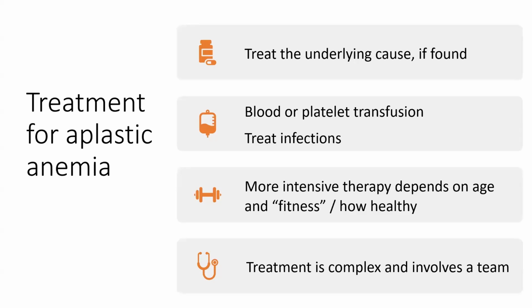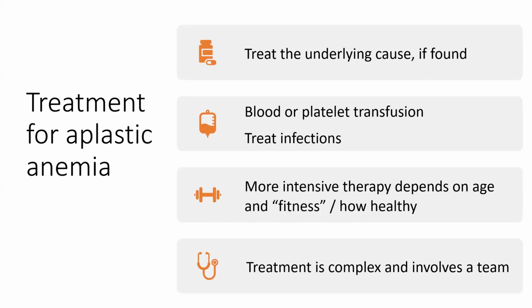So we have come some ways with aplastic anemia treatment, although I think there's a lot of movement that needs to happen in this field. First and foremost, we would look for a cause and try to treat the underlying cause, right? Pregnancy, lupus, HIV, we know how to treat all of those.